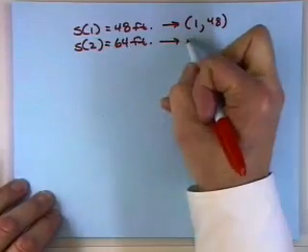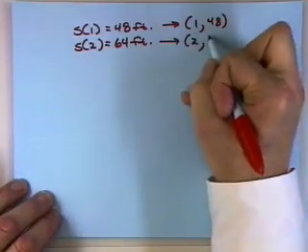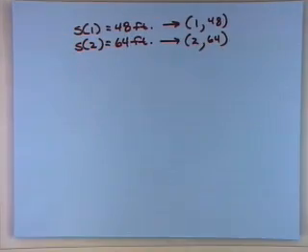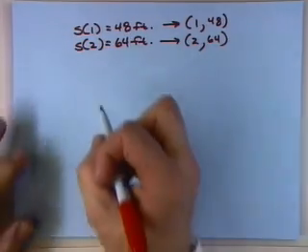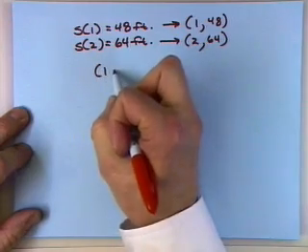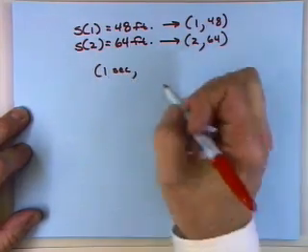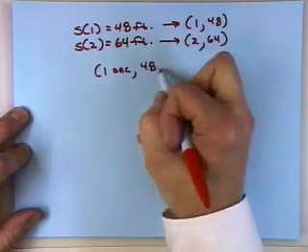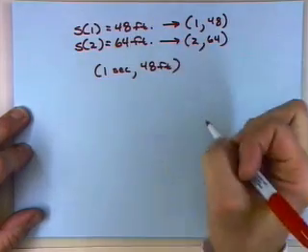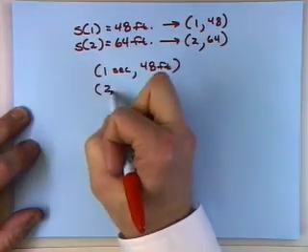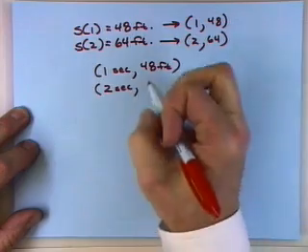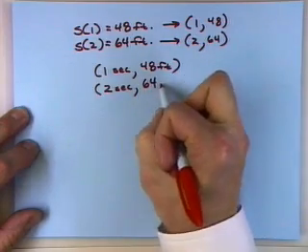And when we plug 2 into this function, it kicks out 64. That's probably not descriptive enough. Let me do a little bit more with that. When we plug in 1 second, it kicks out 48 feet. And when we plug in 2 seconds, it kicks out 64 feet.